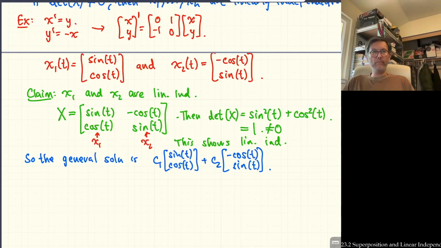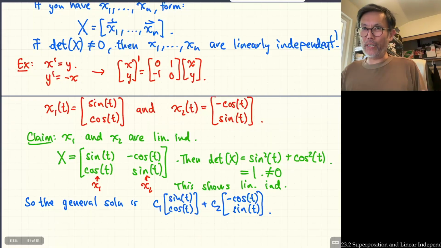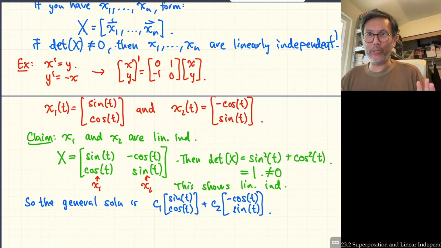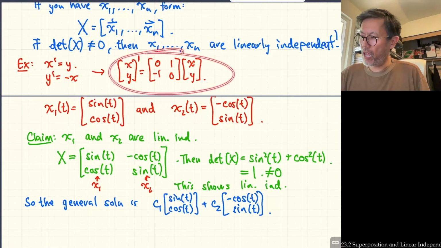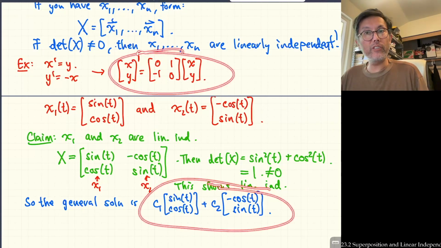Every solution, in fact, if you believe, there's a lot that I'm shoving down your throat, a lot of foie gras being produced here, every solution to this system of differential equations is of this form for some choice of C1 and C2.